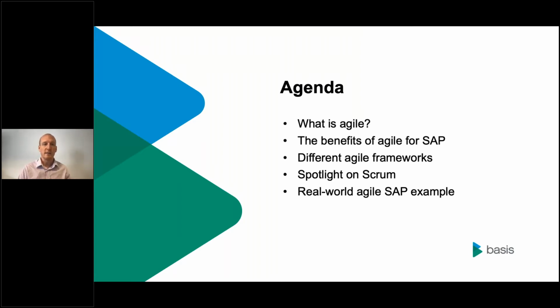We'll look briefly at some different Agile frameworks, some of the different approaches that you can take to this topic. And I'm going to spotlight a little bit on some key aspects of one of those, which is Scrum, the one probably that we see most often with our clients. And I'm going to finish up today's presentation with a real-world example of a Basis Technologies customer who's adopted Agile development very successfully in their SAP environments.